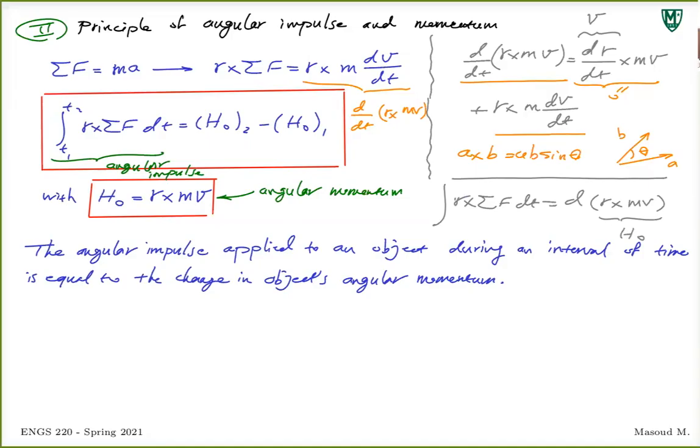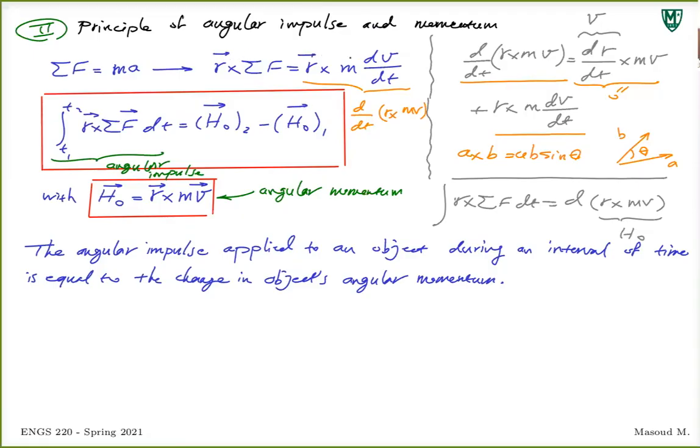Now, since this is a cross product, we get into the whole story of vectors, right? If you want to write this more accurately, this r is a vector, v is a vector, so angular momentum is a vector. This r is a vector, force is a vector. These are all vectors, right? I just didn't put them there.